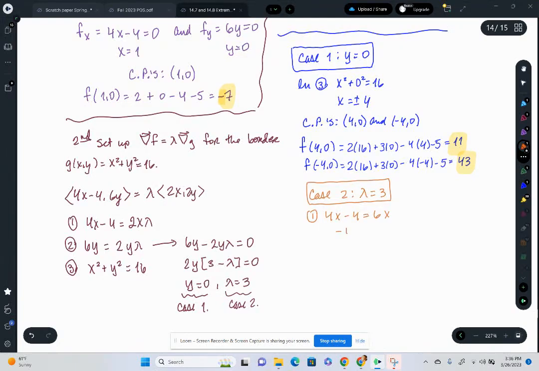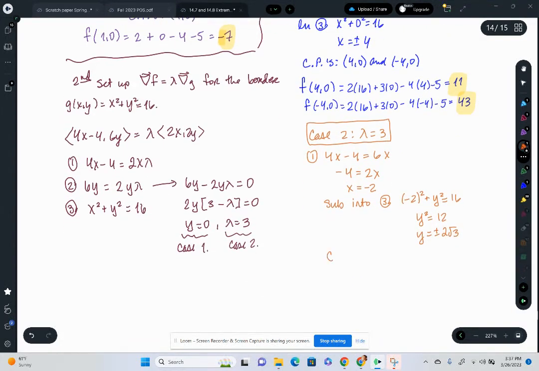I move stuff over, I get minus 4 is equal to 2x, or x is equal to negative 2. And then sub into 3, and we get x squared, so that'll be negative 2 squared, plus y squared is 16. So y squared is 12, and y is plus or minus 2 square root of 3.